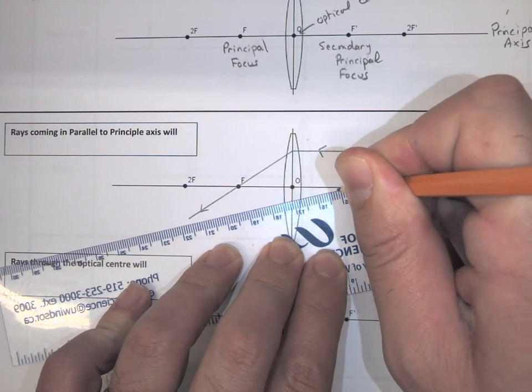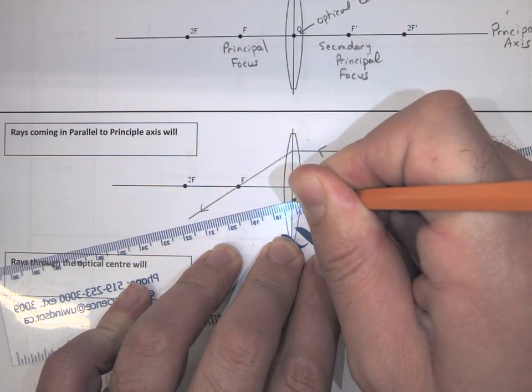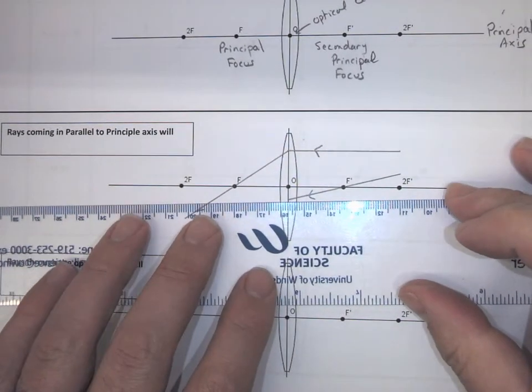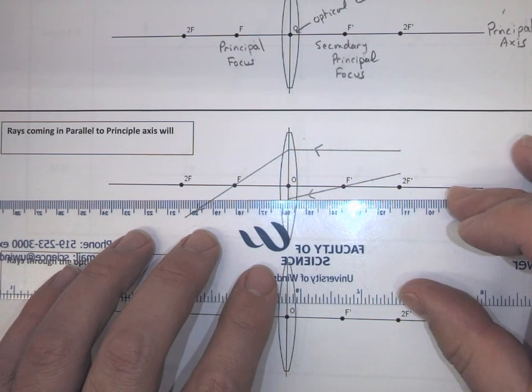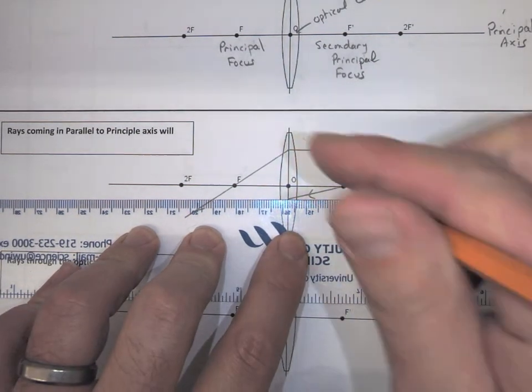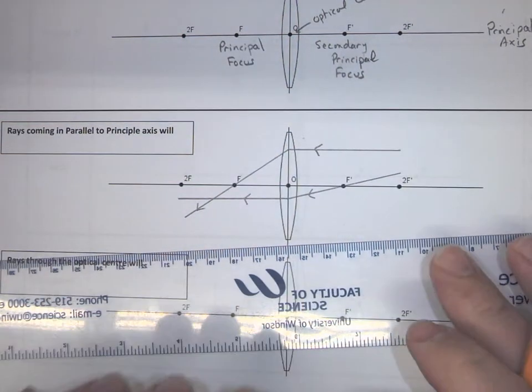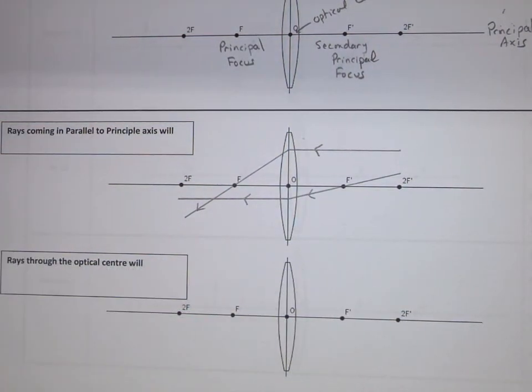So you draw it through the secondary principal focus, and this ray refracts parallel to the principal axis. Those are our 2 rays that have a parallel component to them.